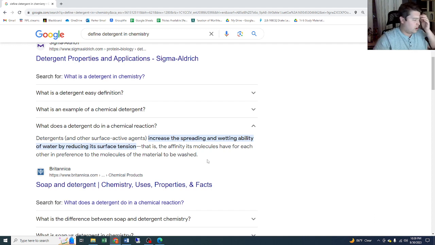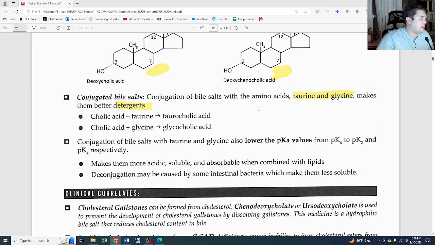So typically, the water would never want to associate with the fats, but thanks to the detergents, the water is then able to interact with the different fats. So they interact with the taurine and the glycine. Cholic acid plus taurine becomes taurocholic acid. Cholic acid plus glycine is glycocholic acid.